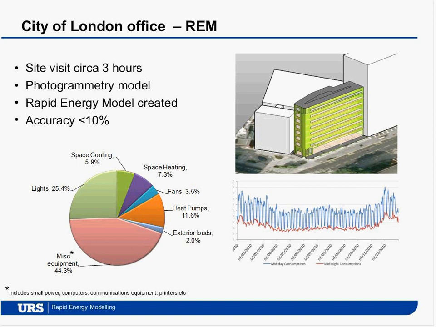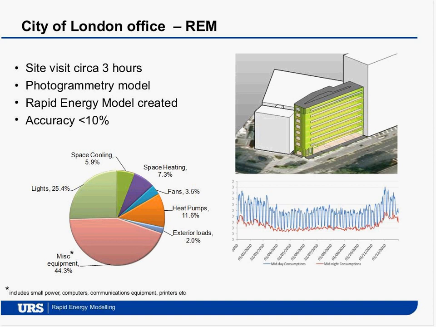It's all electric, this building, so in that pie chart you can see a breakdown of electricity consumption for the building. The chunk you can see there is miscellaneous equipment, but that includes all operations within the building essentially.